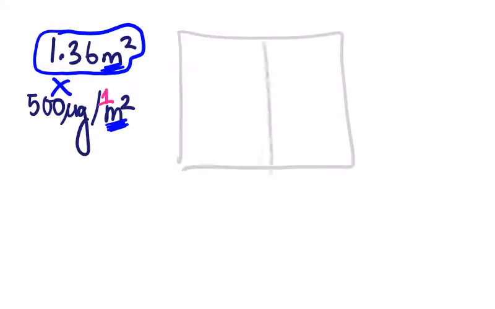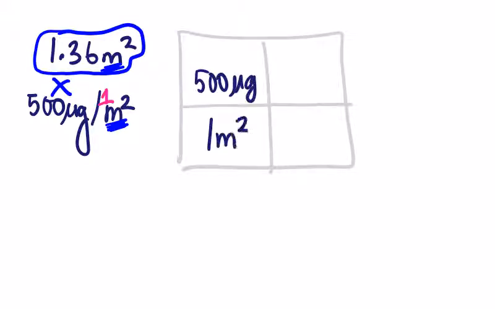However, we would say 500 micrograms in 1 meter squared. This is our ratio. That's what goes into the box first. Remember, that's the have. And the 1.36 would go next to the 1 meter squared because we are matching the units over there. So that's what's missing in our box.